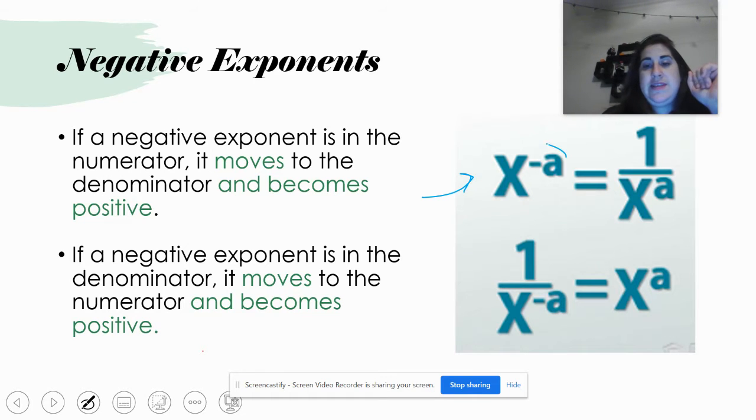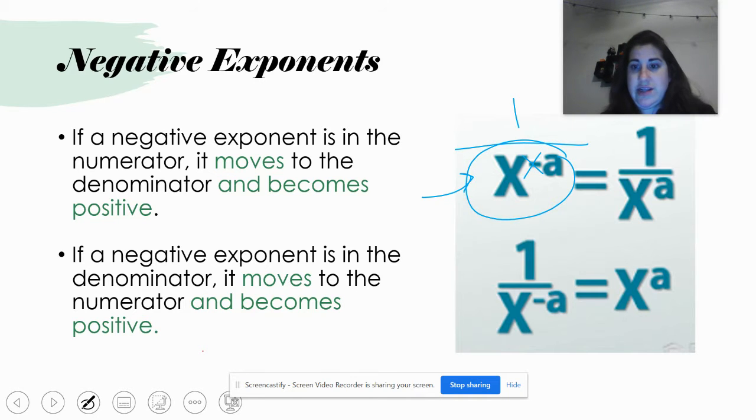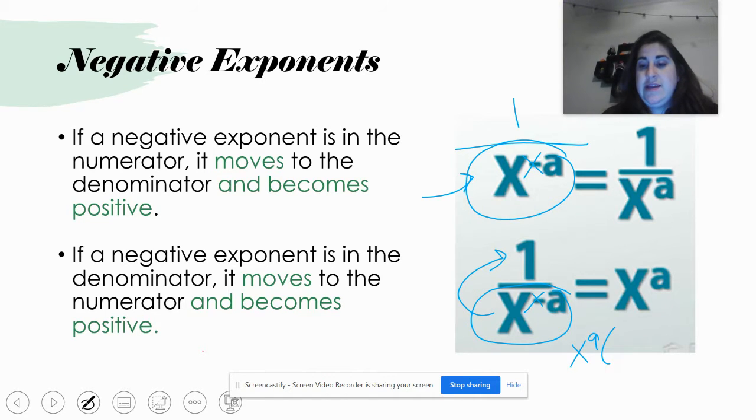So we take the same number, take away the negative, and put a 1 over it. Same thing, if you have a fraction and it's on the bottom of your fraction, take away the negative and put this on the top. So you would have x to the a times 1, which gives you x to the a.